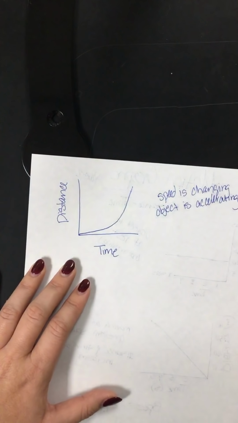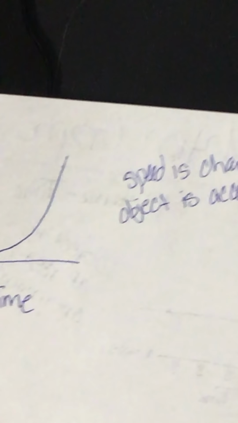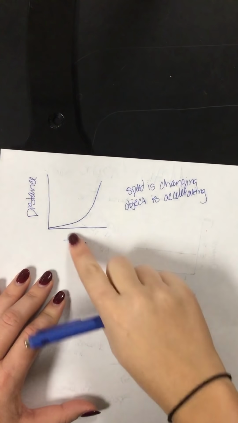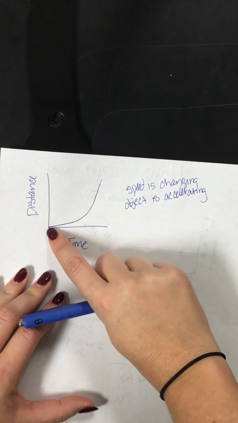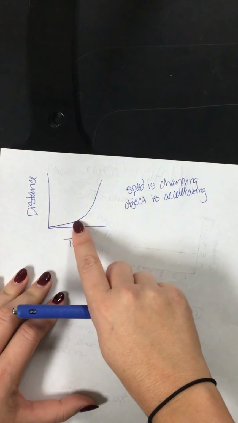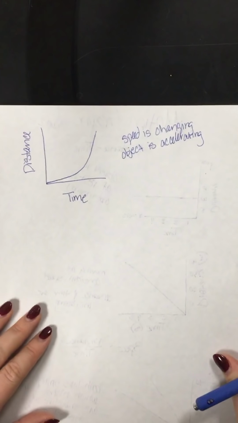If we see a straight line, like we have on our other graphs, we know that speed is constant. This one shows a curve, which means the speed changed. So curved lines show acceleration.